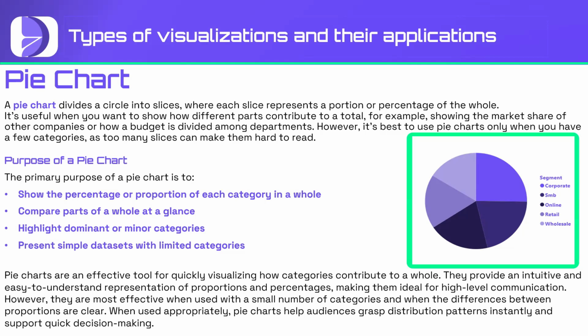However, they are most effective when used with small numbers of categories and when the differences between the proportions are clear. So this is actually being emphasized: small numbers of categories, two, three, four, five, and at most six.